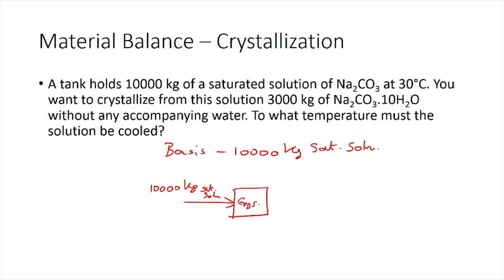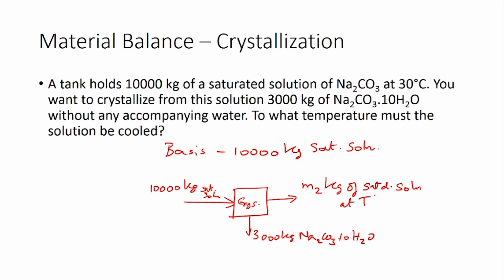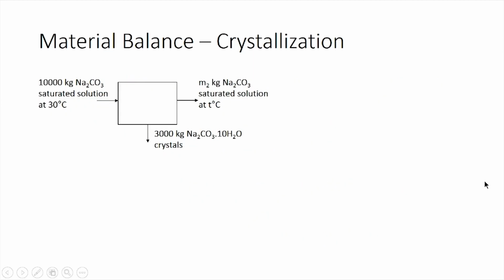The problem says that we will have 3000 kilograms of Na2CO3·10H2O leaving the system, and the rest will be leaving in the form of the solution. So, this would be a saturated solution whose mass we do not know. So, we will call it M2, M2 kilograms of saturated solution at T degrees Celsius. As we do not know the temperature, we need to finally calculate what this T is. So, now we have the flow chart. Let us see if we can solve this problem.